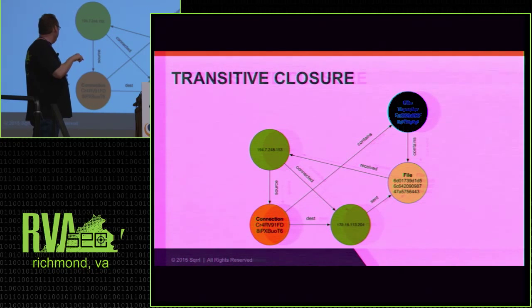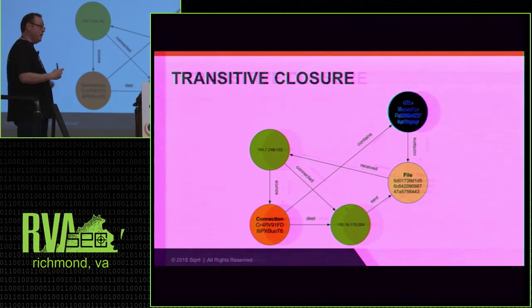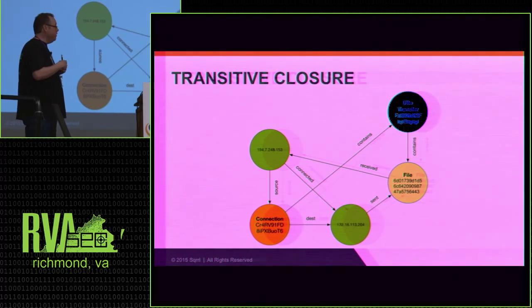Similarly, this file that we transferred was sent by this guy, and it was received by this guy. So we just made some convenience links that were not directly reflected in the actual fields, but were implied by those fields.